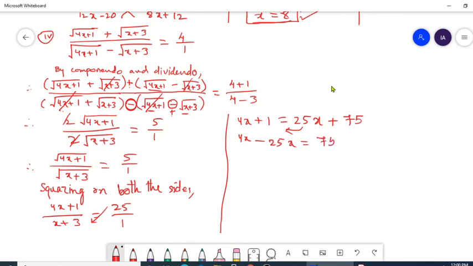On the other side we have 75, and this positive 1 can be sent to that side, will become negative 1. So when you subtract 4 from 25, you will be left with 21x on the left hand side, and on the right hand side you will get 74. So x is actually 74 by minus 21. So this is your answer.